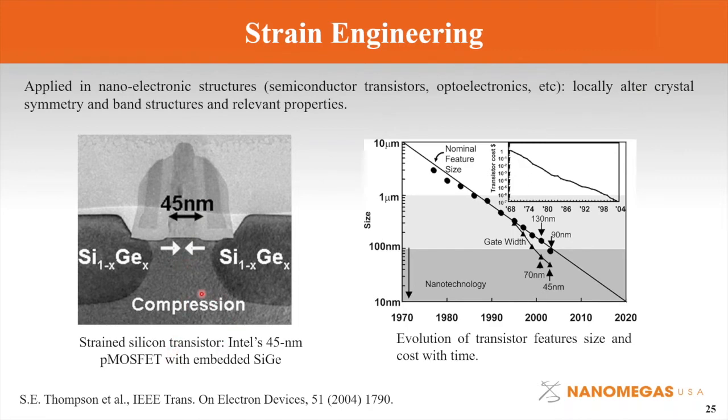Shown here on the left is a P-type MOSFET where compressive strain is being applied to the channel region to try to enhance the hole mobility. Now, as the device structure keeps shrinking, you need higher and higher spatial resolution to characterize those strains. And we have been working with our customers now at the lower end of the graph for the cutting edge technologies.